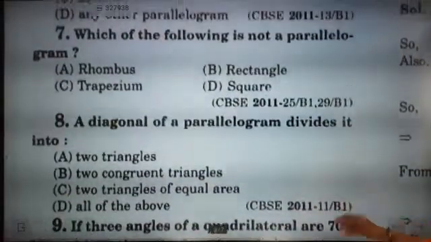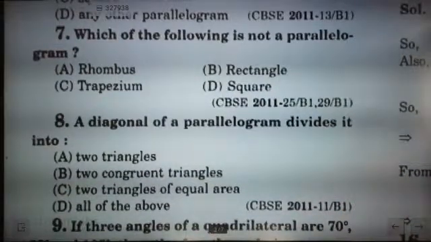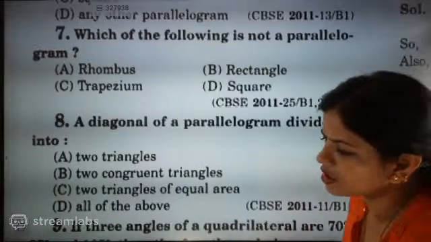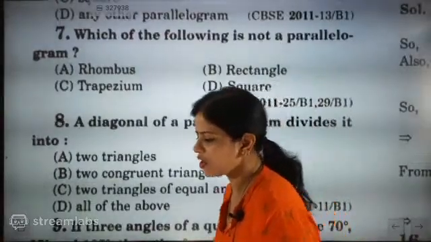Now the next question: a diagonal of a parallelogram divides it into two triangles, two congruent triangles, two triangles of equal area, or all the above. What can a diagonal of a parallelogram do?